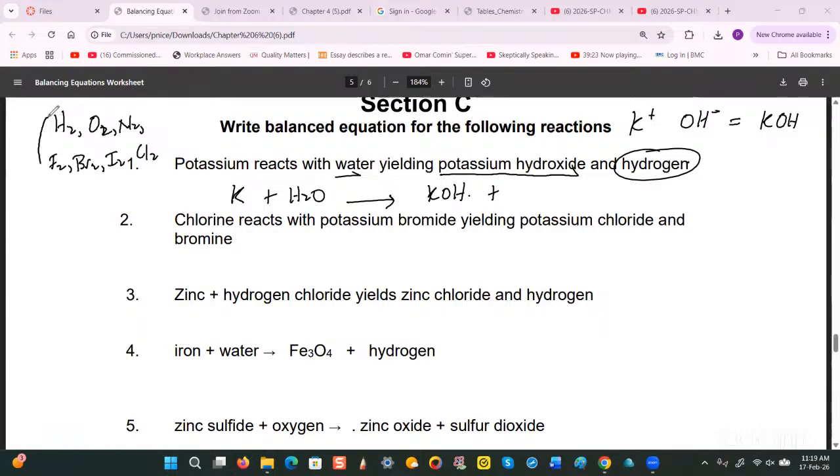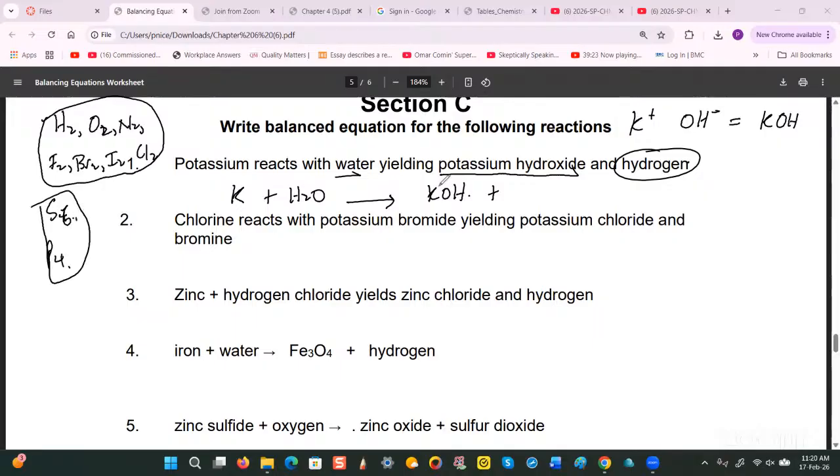You need to memorize these because you need to remember that they exist in nature as diatomic molecules, right? Also, you need to remember while I'm at it, that sulfur exists as S6. Phosphorus exists as P4. All right. So you need to remember these as well.